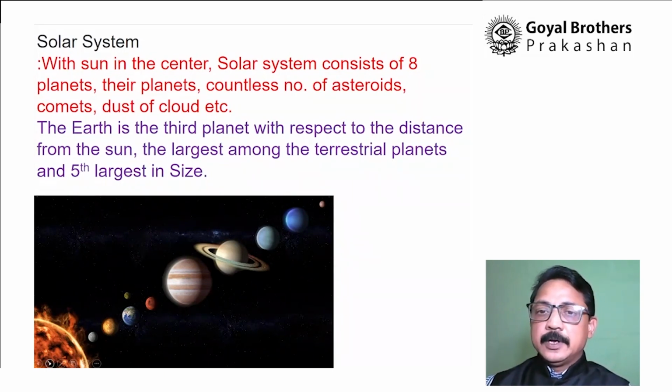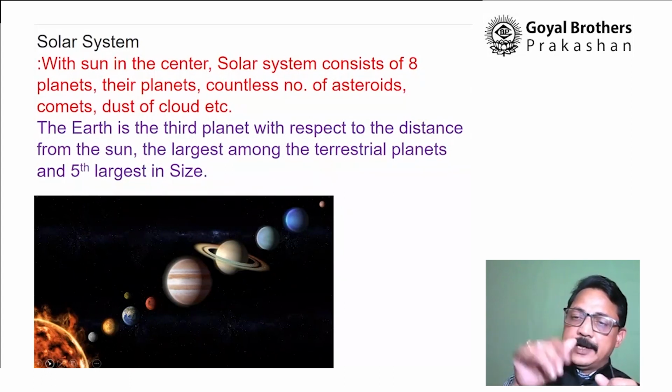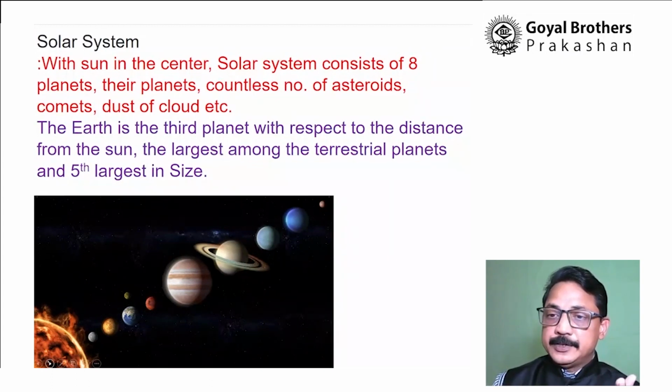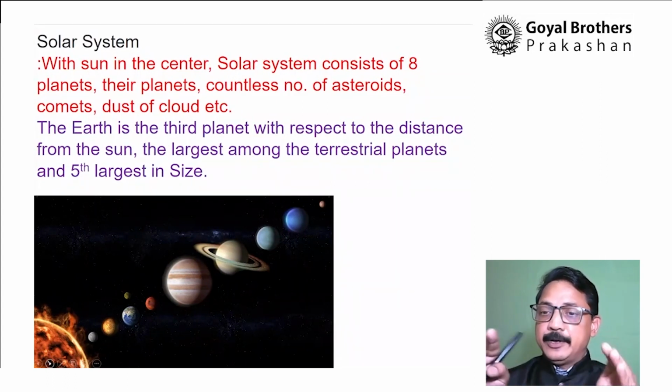Please remember, our Earth is the 5th largest planet. Please remember, Earth has land, Venus has land, Mars has land, and Mercury also has land on it.